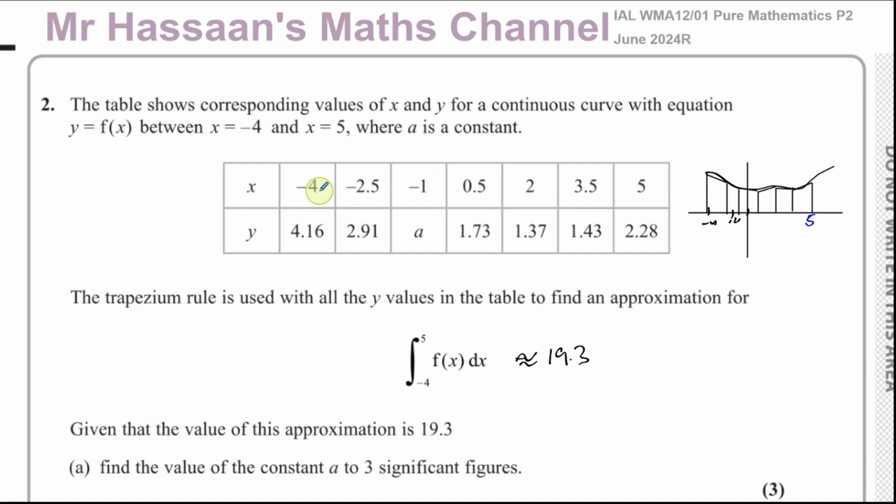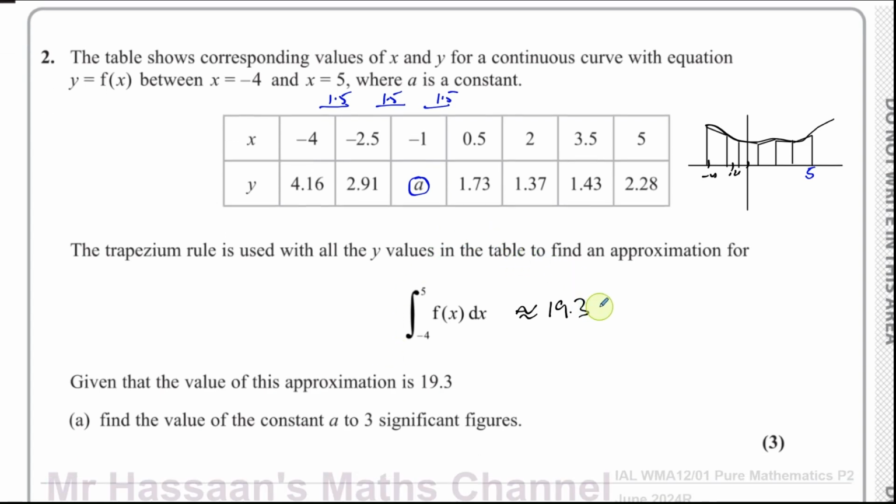Each of these is 1.5. The width between -4 and -2.5 is 1.5, and -2.5 and -1 is also 1.5, and so on. So you've got all these equal width trapeziums. You add all the areas together, and it gives you an approximation for the area. They told us that the approximate area is 19.3, and with that we have to find the value of a.